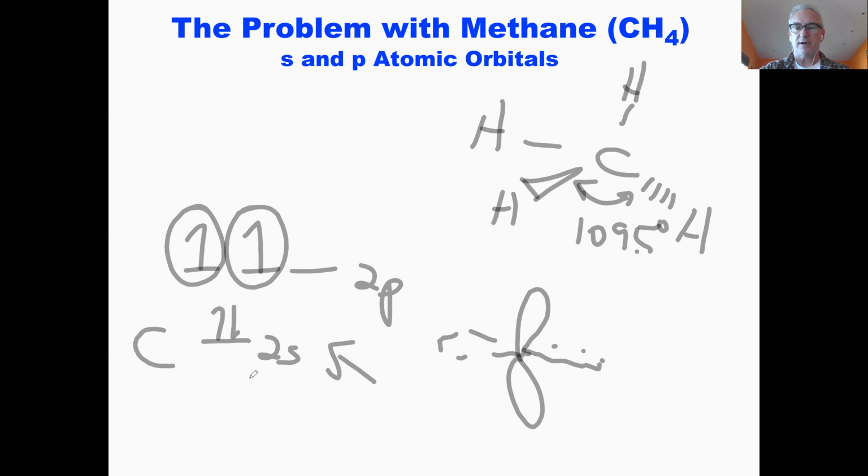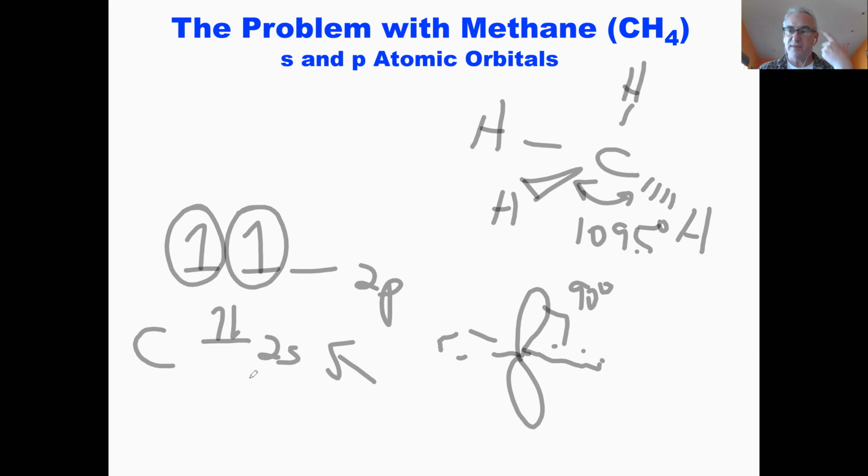So those 2 electrons would be at 90 degrees to each other. Basically there's a bunch of problems here. We have 2 electrons that don't want to bond at all, and only 2 bonding electrons, and they're at 90-degree angles to each other. That doesn't make any sense in terms of 3-dimensional shape.